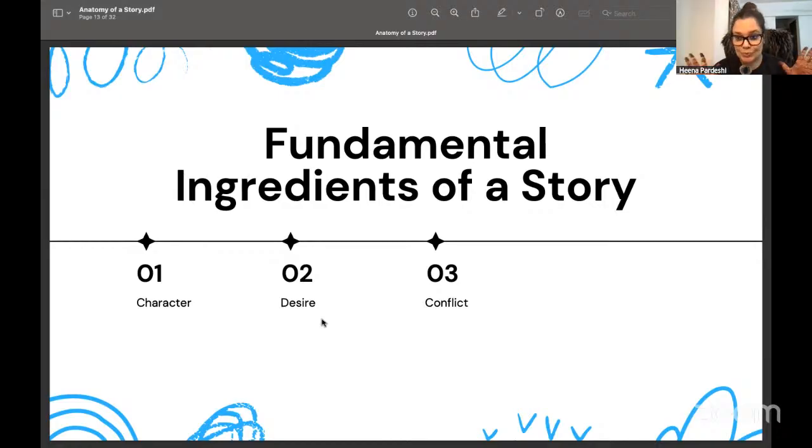Okay, so moving on. The third ingredient that we need is conflict. Conflict is one of the most important elements when it comes to writing a story.